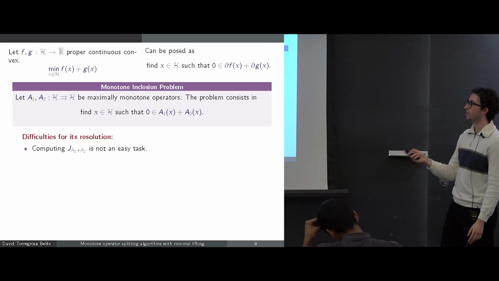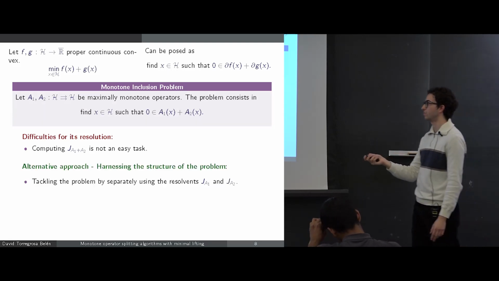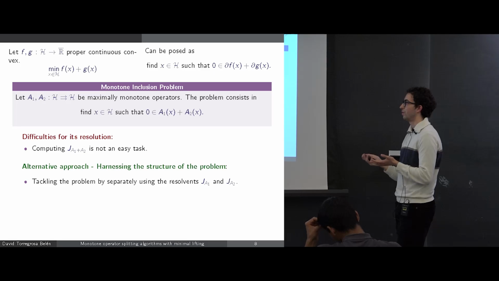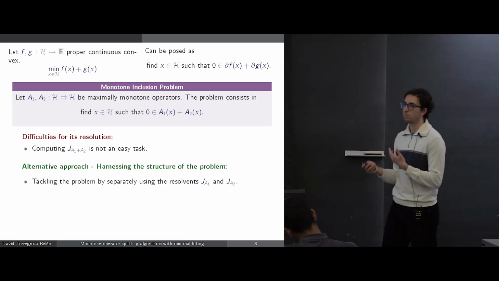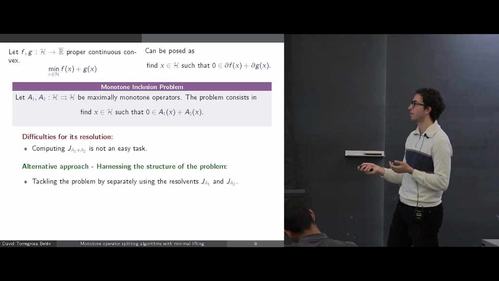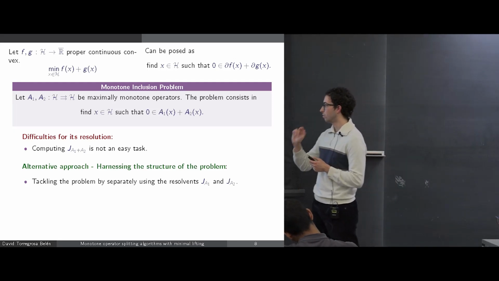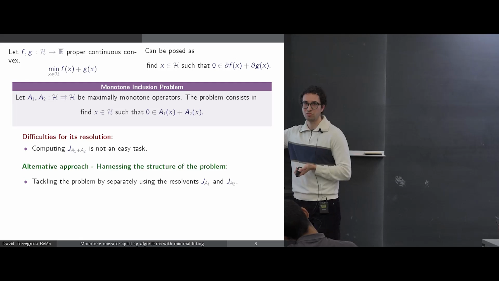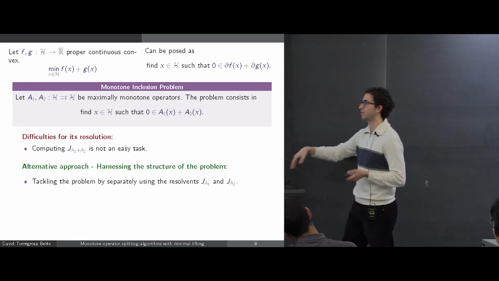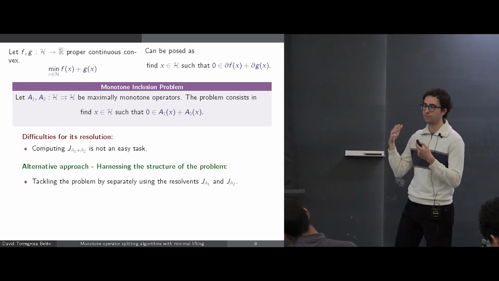But there is one alternative: to use the structure of the problem and propose an algorithm that, instead of using the resolvent of the sum, uses the resolvent of A1 and A2 independently. Again, this is the idea of splitting algorithms.